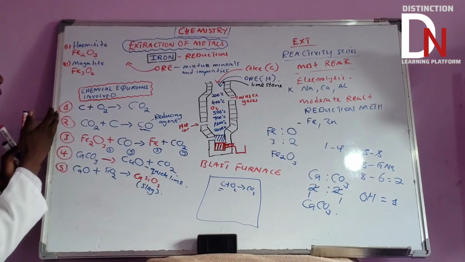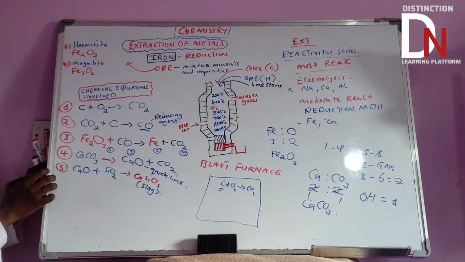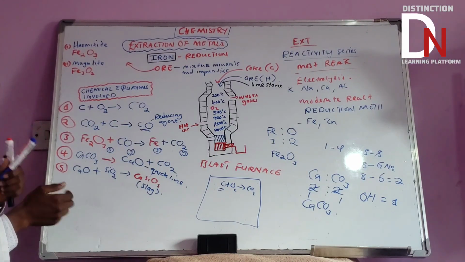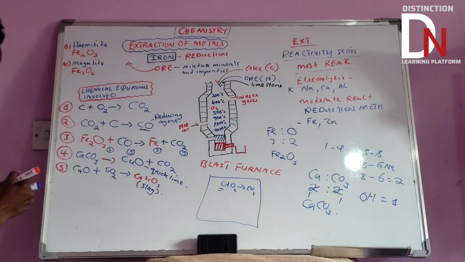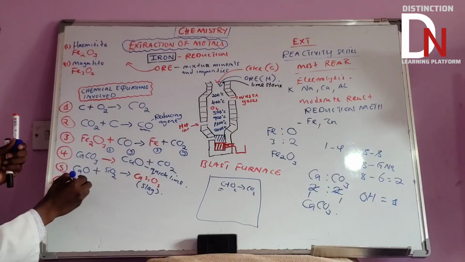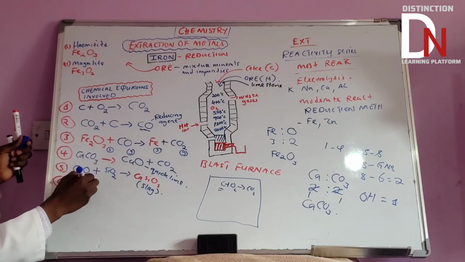Now these are the important five chemical equations that we are going to be assessed on. Another one that I can add on here is this last one, number 6.